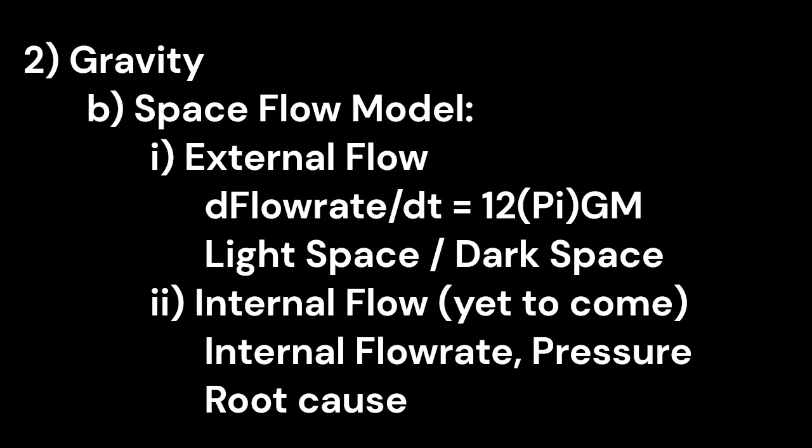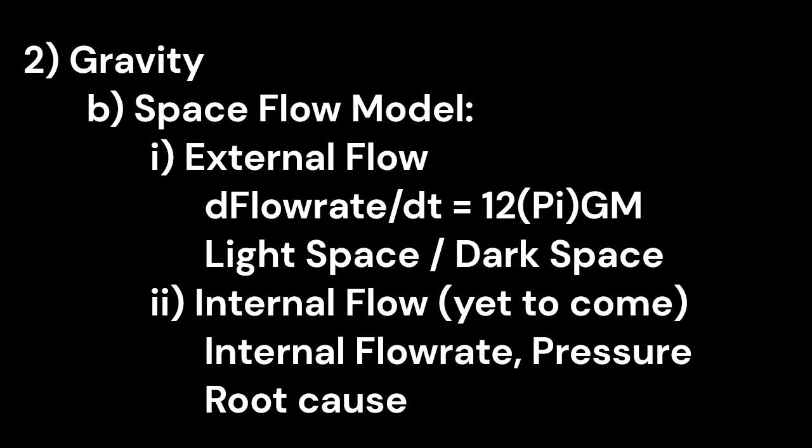And already we've been looking at the external flow, the motion of space around the outside of a mass, a planet, and discovered that for all those calculations to work, we have to have a flow rate, a decreasing flow rate that decreases at a constant, 12 pi gm, and proposed a light space, dark space structure of space, which could make that possible. But more challenging even than that is a look at the internal flow, a flow of space inside a planet, which is different than the external flow.